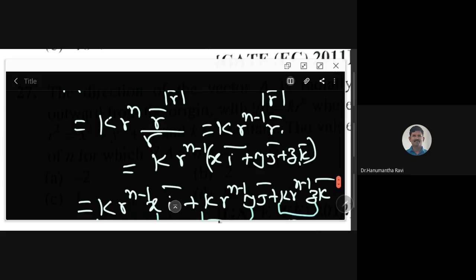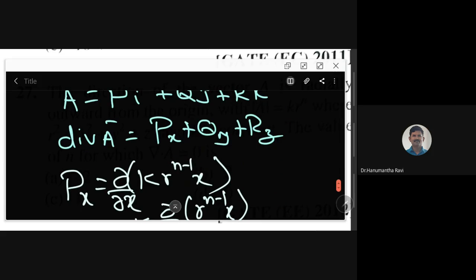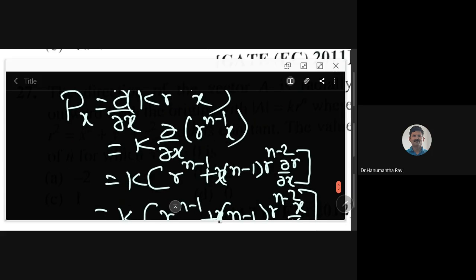So it is kr power n minus 1 into xi bar plus yj bar plus zk bar. That is also correct. So kr power n minus 1 into x, I am calculating. So if we take that, k into r power n minus 1 dou x by dou.